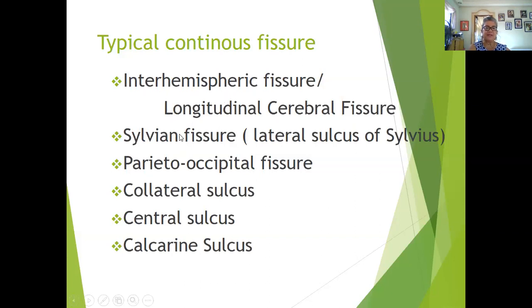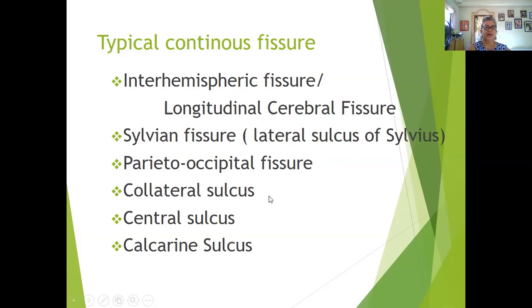will separate the frontal and the parietal lobes from the temporal lobe. Then you have your parieto-occipital fissure, which is found in the medial surface of the cerebrum. These two are located in the lateral portion.